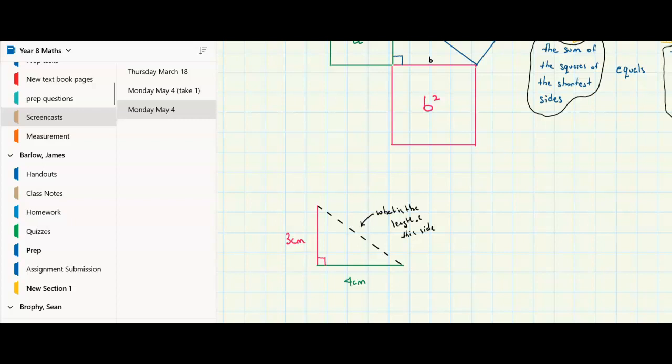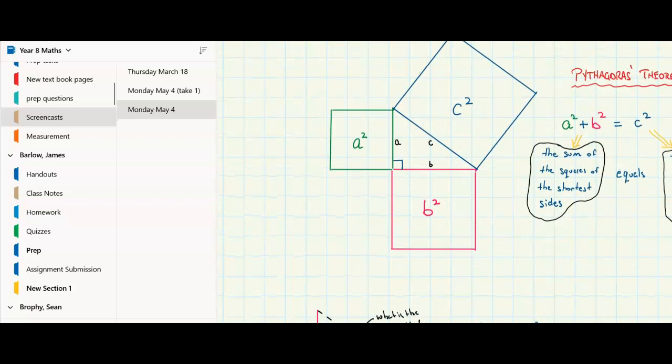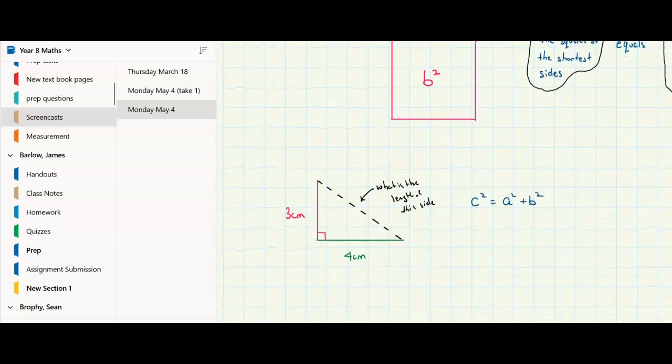What did you get? Let's ask Pythagoras what we should get, because it's a right angle triangle, so it has to obey the Pythagoras theorem, doesn't it? So what is Pythagoras theorem again? I'm going to write it in this way: c squared equals a squared plus b squared. I've just turned the formula around from this pretty little formula up here. Same thing.